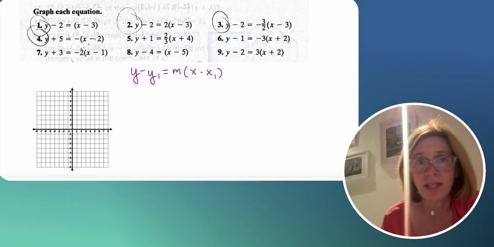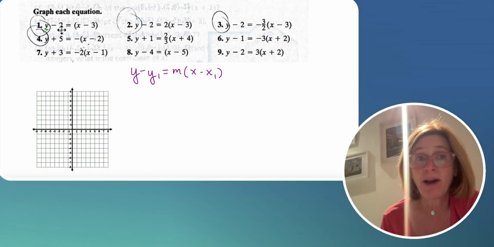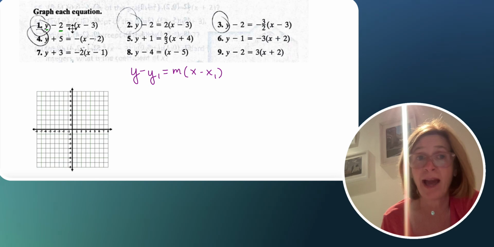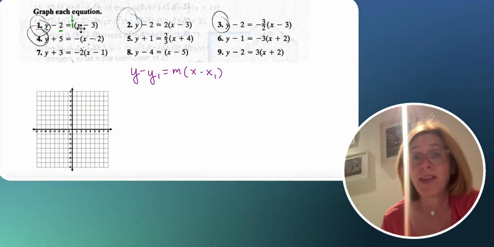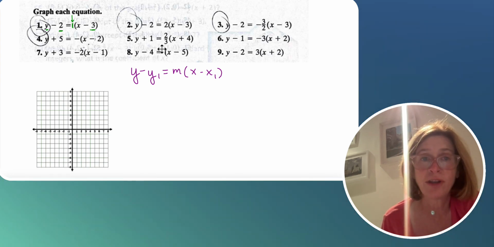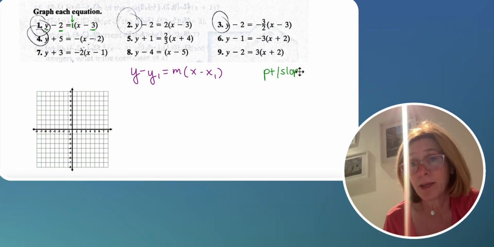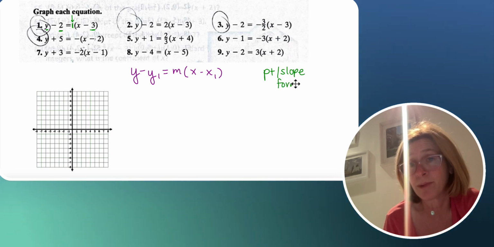Each of these is set up in this format, meaning they start with a y, then have a coordinate point, then a value, and if there's no value there, just remember it's a number 1, and then x minus the other part of the coordinate point. It's called point slope form because it gives you a point and a slope.